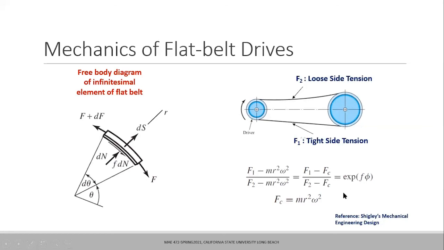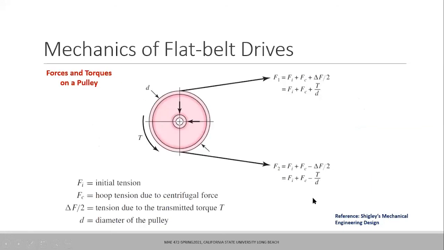This is the belting equation I was basically referring to. F1 minus Fc, which is m r square omega square, divided by F2 minus Fc will be your exponential of friction coefficient times angle of wrap. We see that these individual forces on the two sides comprise the initial tension, the centrifugal force, and a small increment delta in the forces.